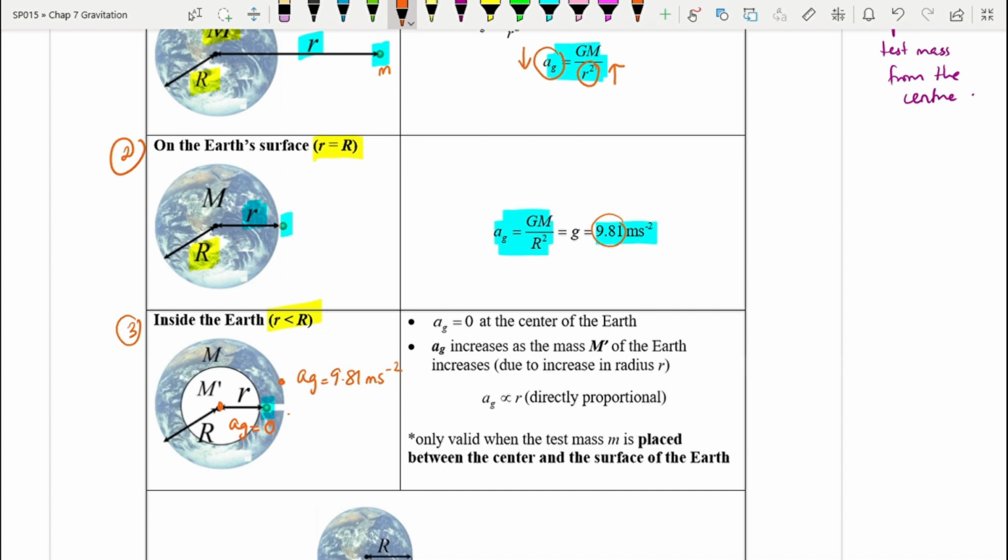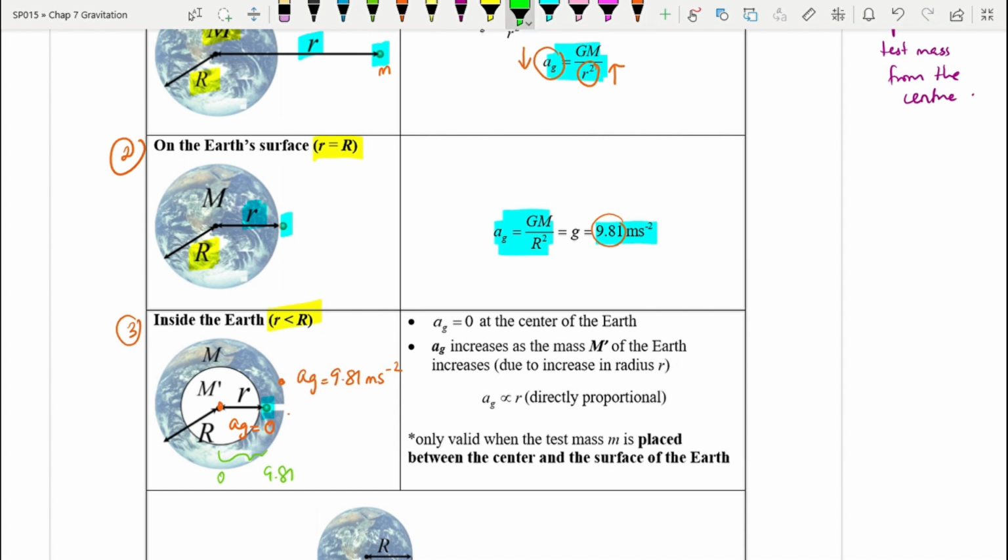Okay, so awak imagine daripada center sampai surface from 0 to 9.81. So dia naik depends on the radius of the earth. Dia tak boleh more than 9.81 sebab maximum R kita adalah radius of earth. So R yang kita tengah consider sekarang di dalam, jadi dia akan jadi less.